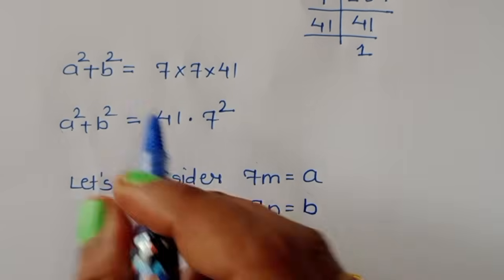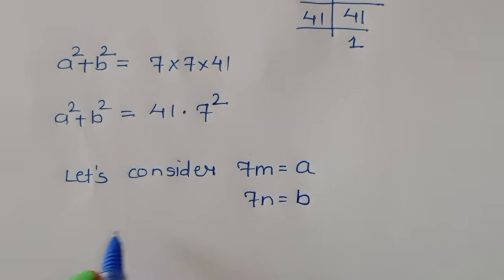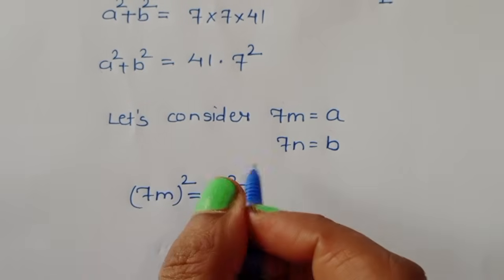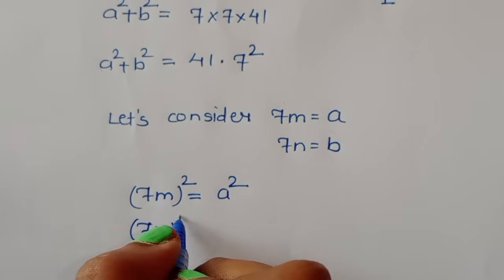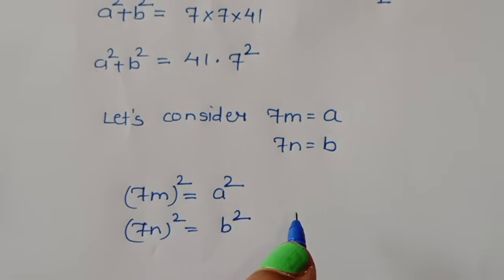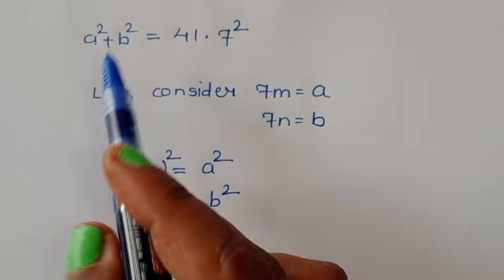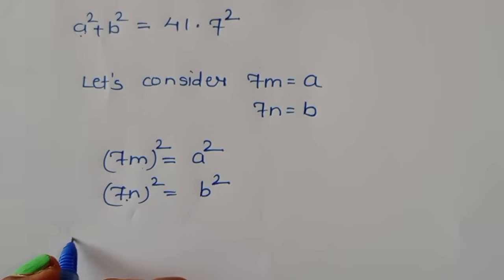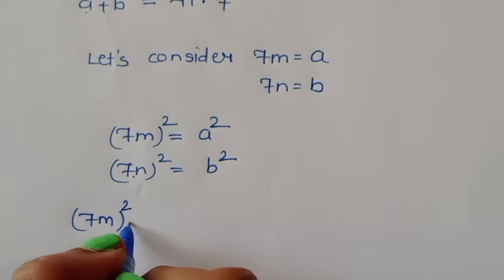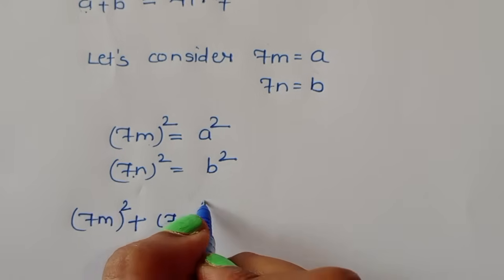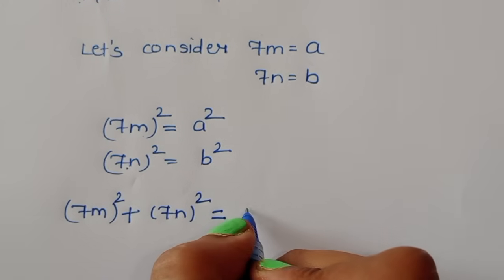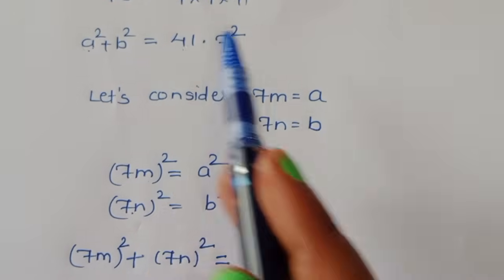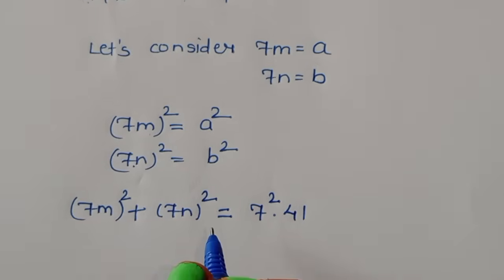So we can say a square is (7m) square and b square is (7n) square. Now we substitute these values here: (7m) square plus (7n) square is equal to 7 square times 41, right?